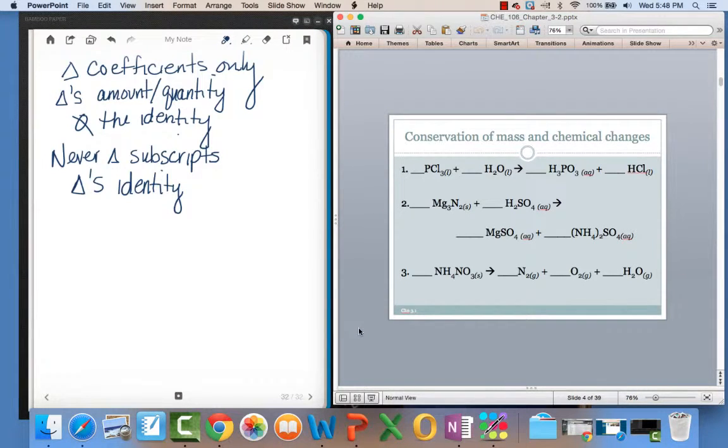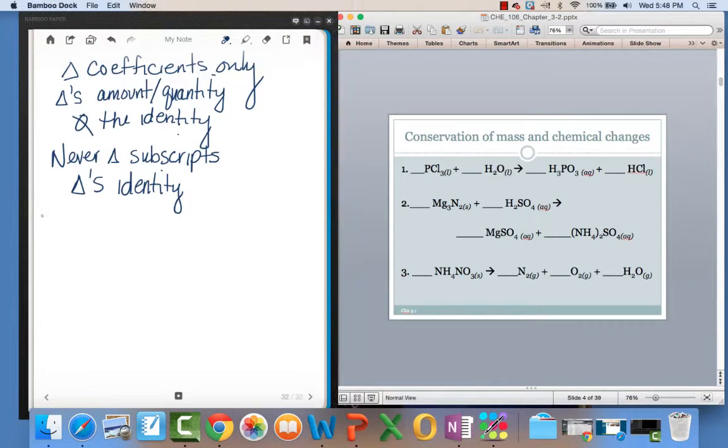So let's go ahead and look at some balancing. Remember that your arrow is always your equal sign. So I'm going to rewrite this over here. Just give me a second. I'm not going to write the states right now so that it's easier for me to get through this.